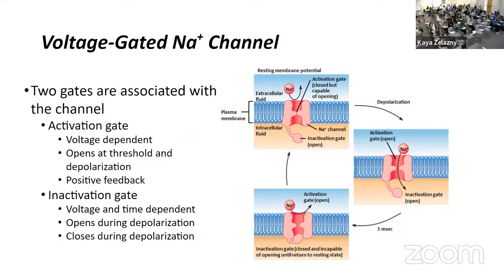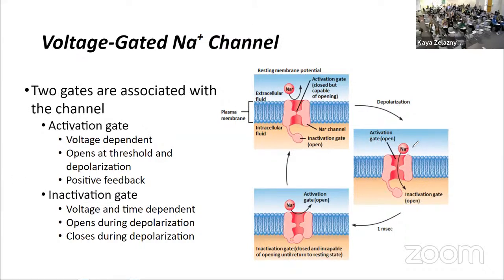This is basically going to create one of our examples of where we see positive feedback in the body, because if you think about it, as we see sodium flow in here, now we have positive charges.